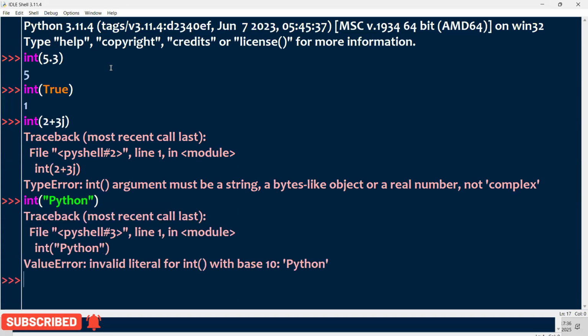This is not possible. So some types we can convert, some types we cannot convert, and you have to know which ones, because these are incompatible. A complex number cannot be converted into integer, and a string of characters cannot be converted into integer.